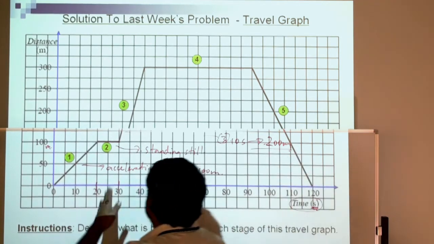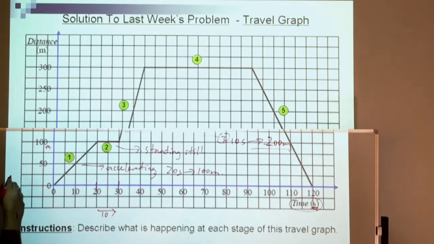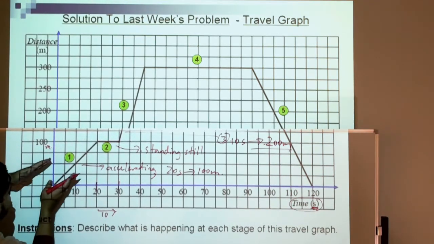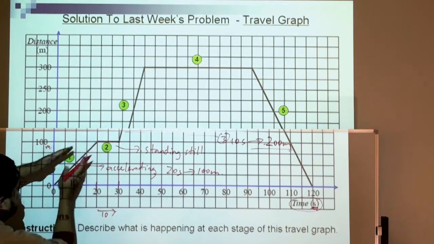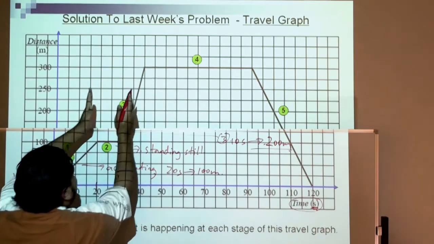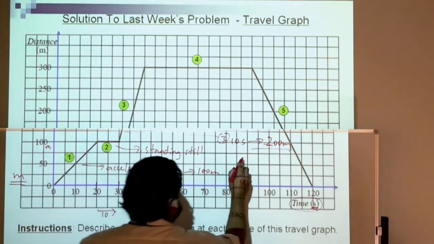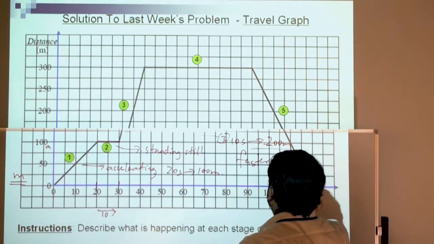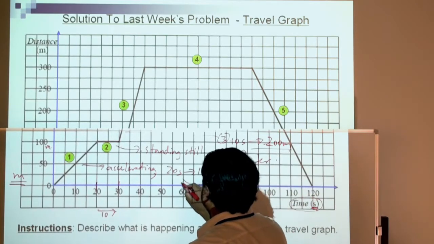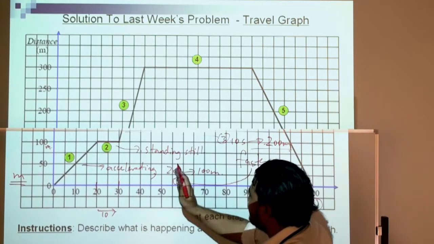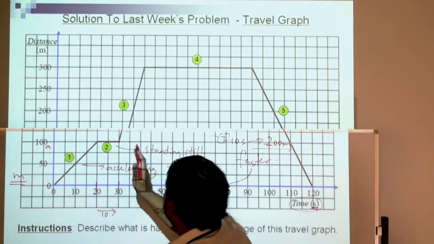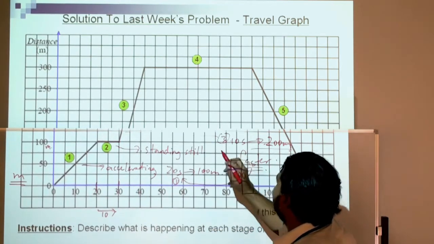Remember we talked about the gradient, or the slope? Stage 1 has a flatter gradient than stage 3. Therefore, stage 3 is traveling faster than stage 1. A higher gradient, a steeper line, means the car is traveling faster.